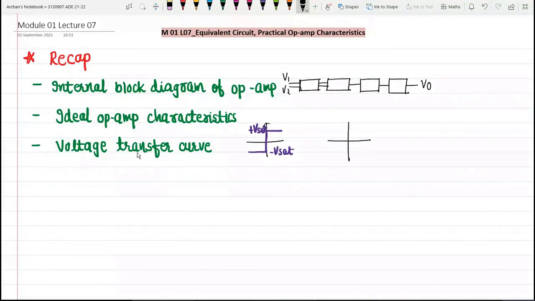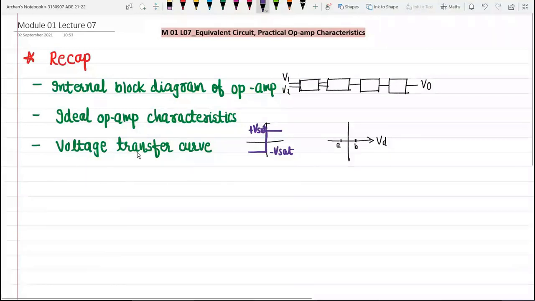If we talk about the practical operational amplifier, then we have a limited range between these 2 points A and B. Whenever the difference voltage Vd is in this range AB, it will vary linearly with the output.